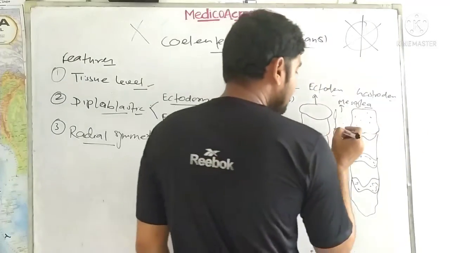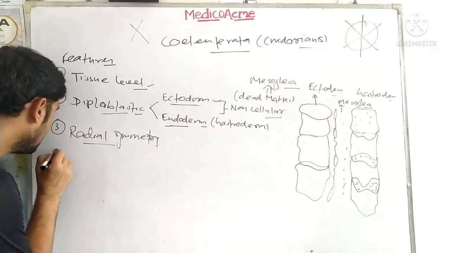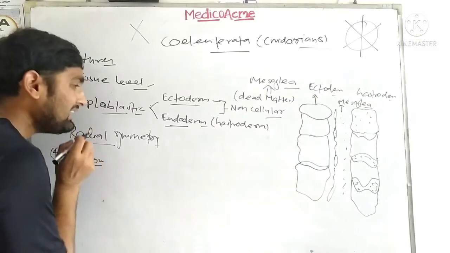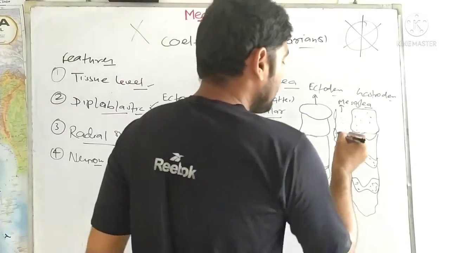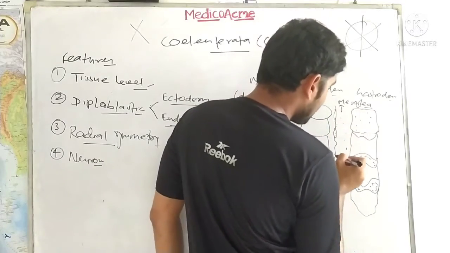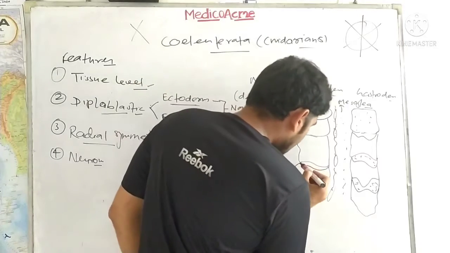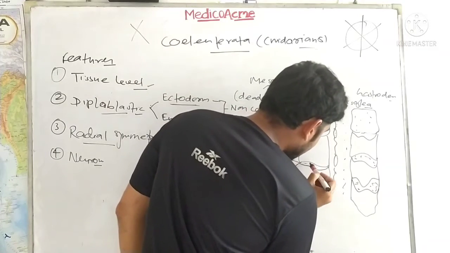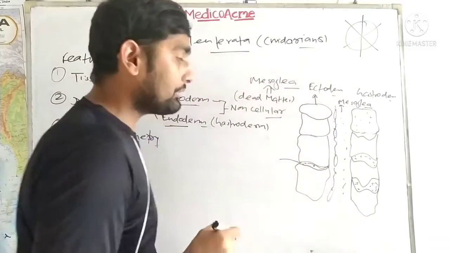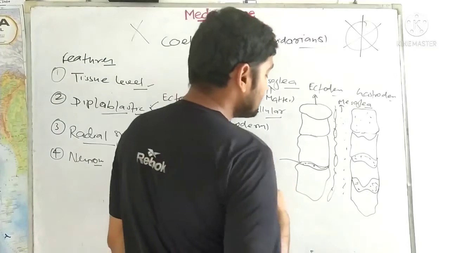This is the first phylum where there is a true neuron, or you can say nervous system. A very primitive kind of nervous system you are going to see in the mesoglea. So these cells are the neurons or nerves, and this cell here is the sensory cell. So sensory cells and neurons make up the nervous system of the cnidarians.